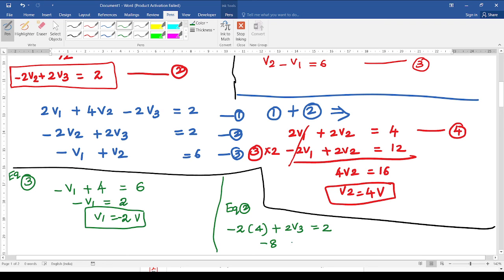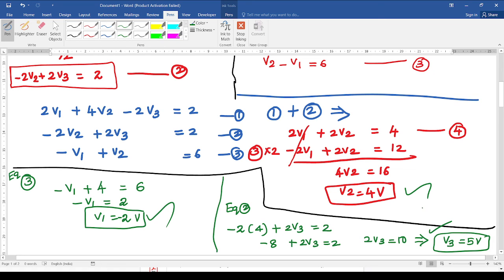That is minus 8 plus 2V3 equal to 2. 2V3 equal to 10, and V3 equal to what? V3 equal to 5 volt. So these are the three values: V1 equal to minus 2 volt, V2 equal to 4 volt and V3 equal to 5 volt.